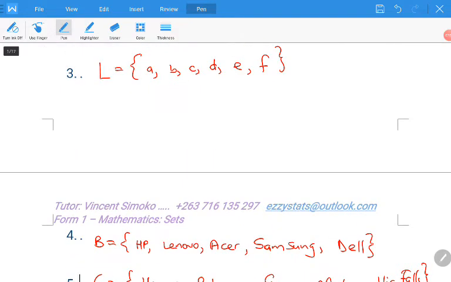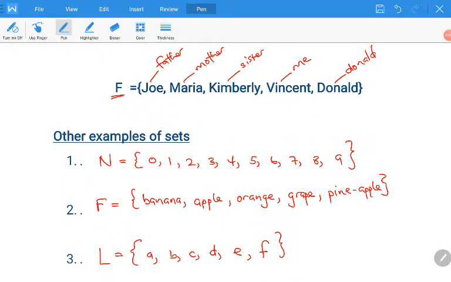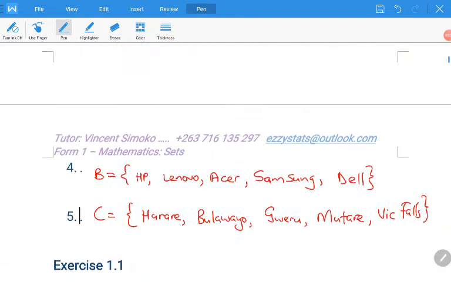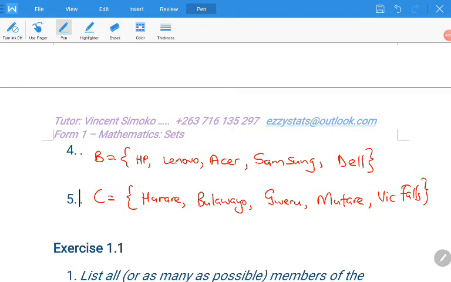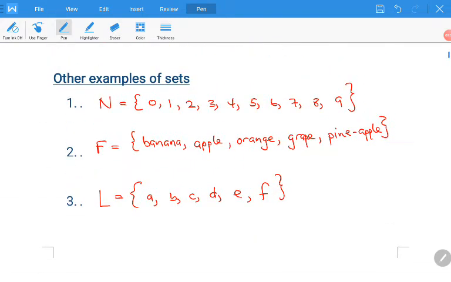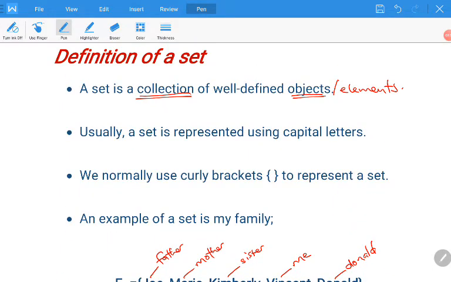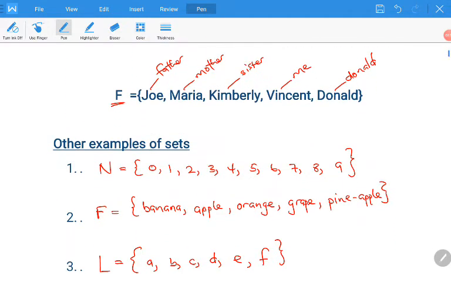So all these sets we have given are different types of sets which are unique in their own way. But the most important thing is that a set is a collection of well-defined objects.